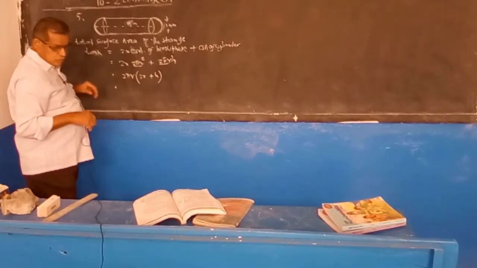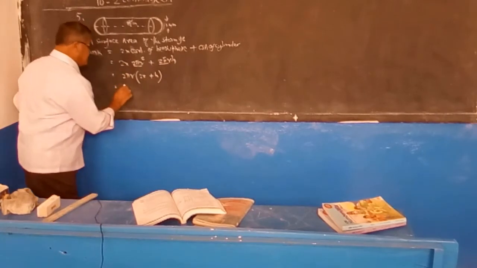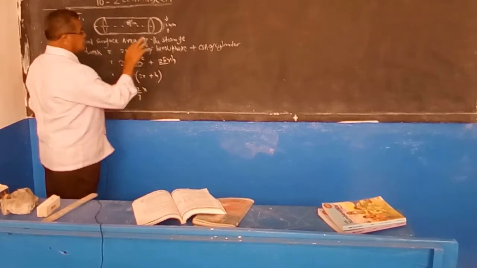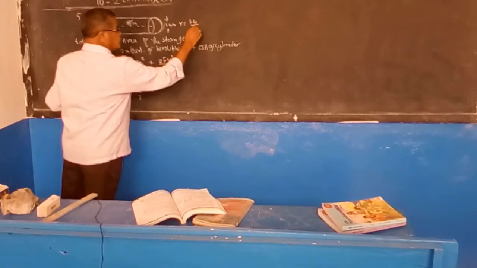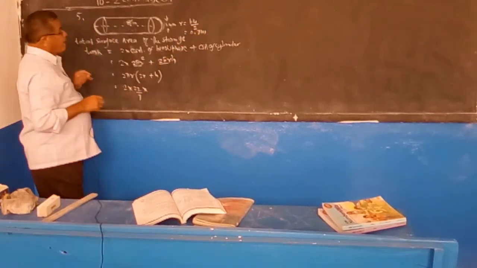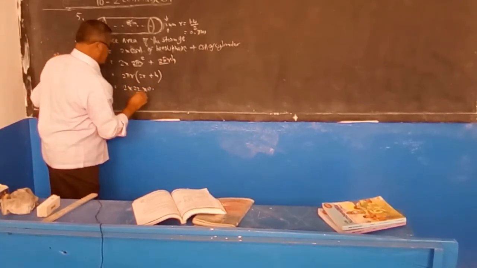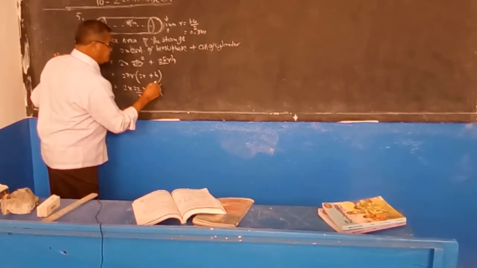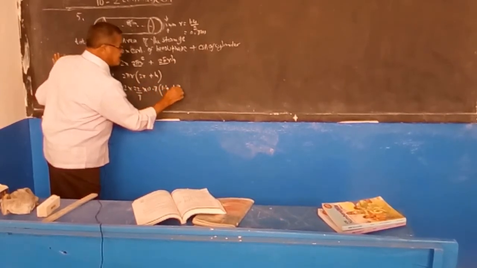The value of pi is not given, so let us take 22 by 7, and radius is 1.4 by 2, that is 0.7 meter. So 2 into 22 by 7 into 0.7 into (2r, 1.4 plus h, 8).